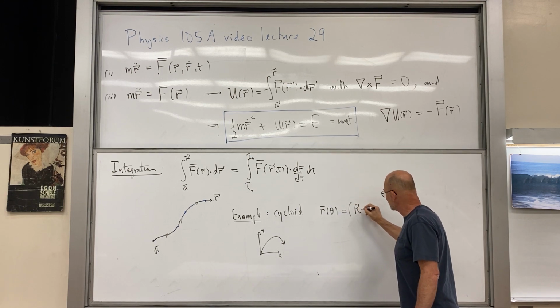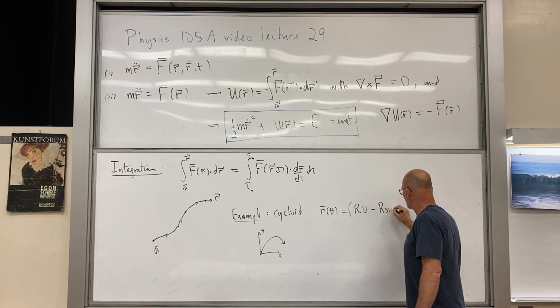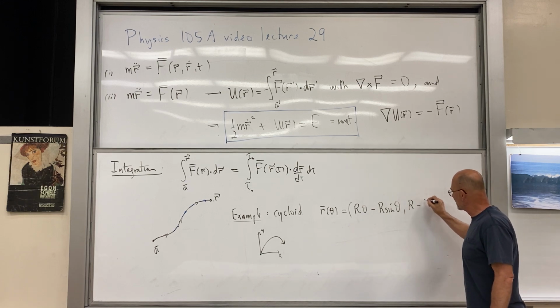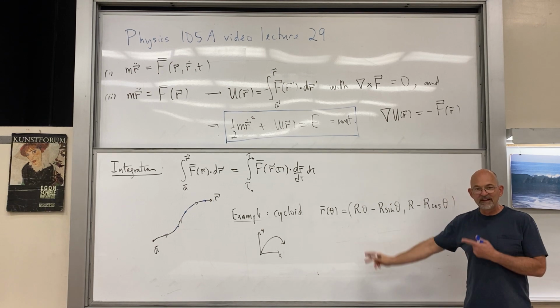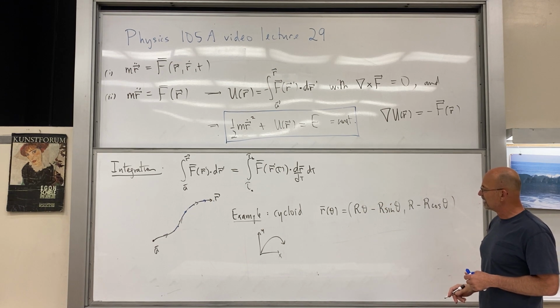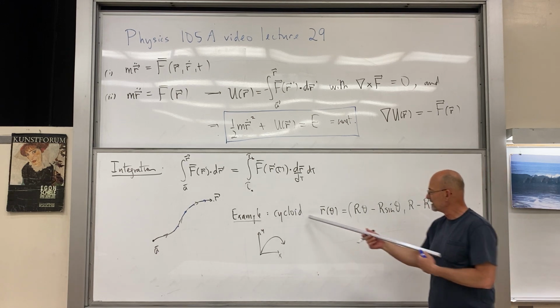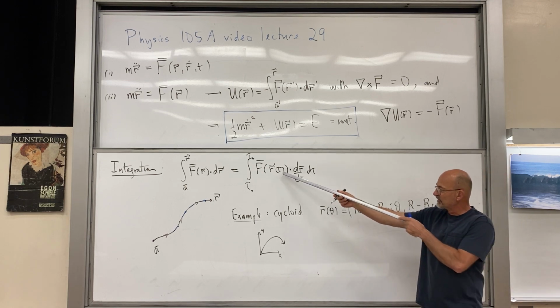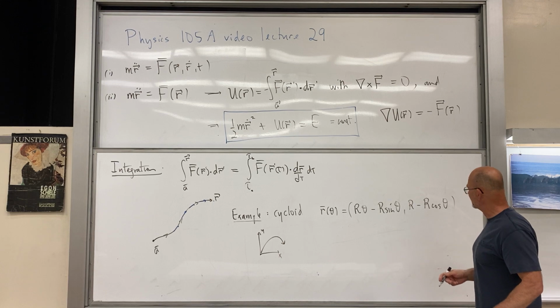So I have R theta minus R sine of theta, and I have R minus R cosine of theta. So this is a parametrization of that cycloid, and instead of tau, the natural parameter, what's in a name? Tau is just a name. Here it's the actual angle theta when we were rolling the thing forward.